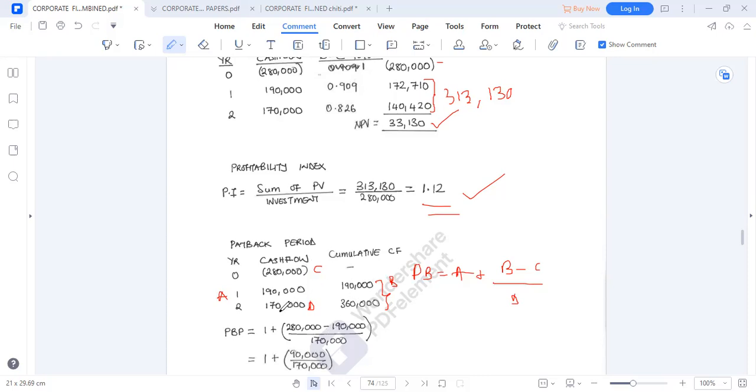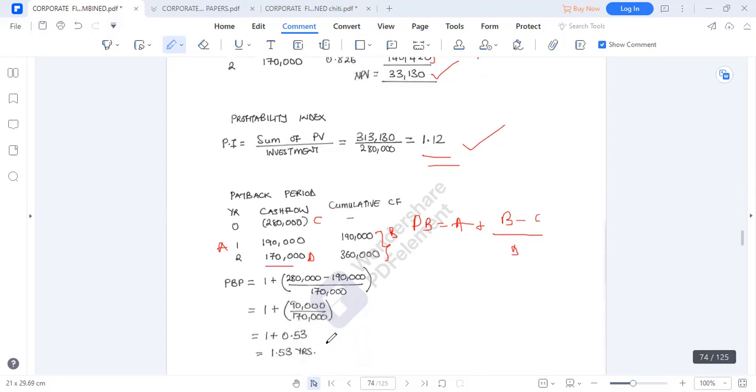Then the next cash flow will be what we'll be dividing by, 170. So this gives us 1.53. So this is our payback period. If you want to put it in months, you multiply this by what? By 12. You don't say 1 year, 5 months. No, it's wrong. If you're not sure, just leave it as 1.53.